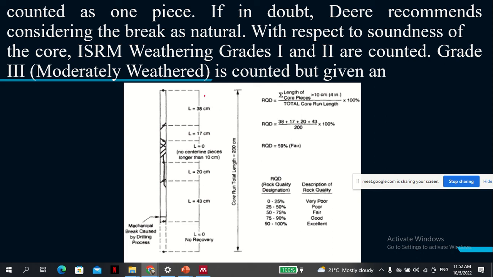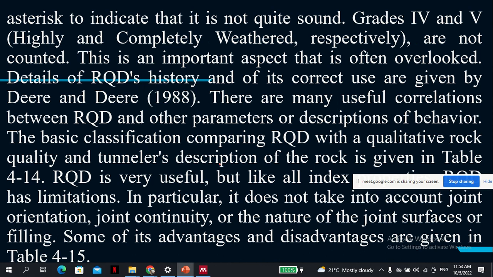In this case, you can see this is greater than 4 inches, L38, L17. So these are 1, 2, 3, 4. You add up those lengths and then divide by the overall length, and you can see how the value has been achieved.